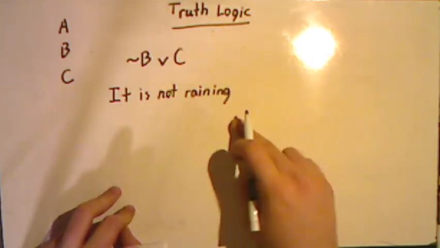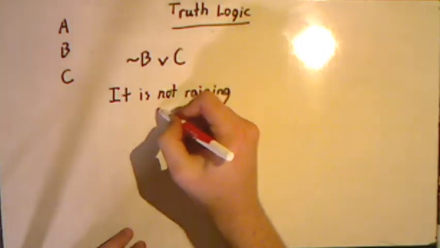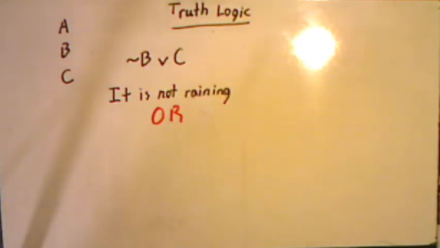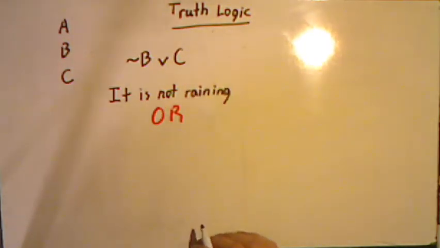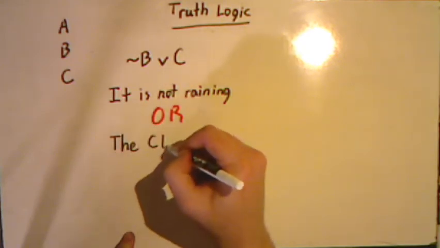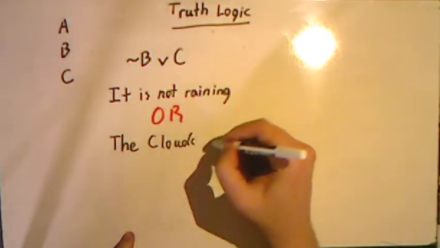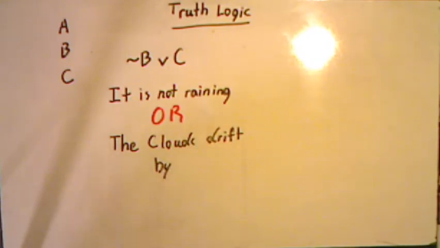So as long as this is true, or C is true, where C stands for the clouds drift by, then our final result is true. And we could take a look at that with our truth table more closely.